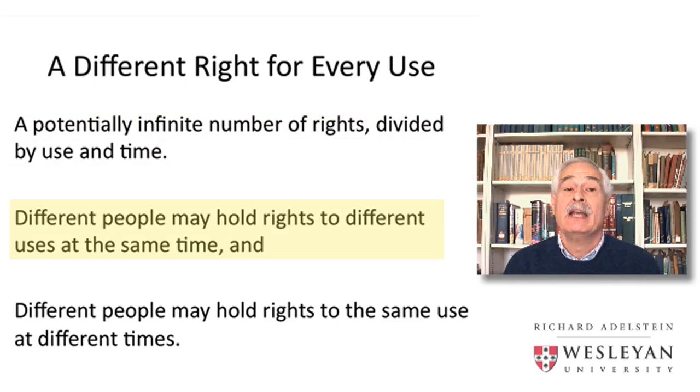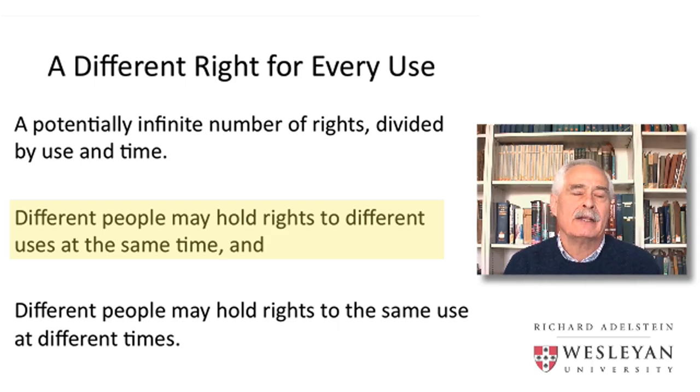And we've seen that different people may hold the same right, different people may hold rights to different uses at the same time. That was what we saw with our 5 property holders. They all held rights to use the room in a different way, but they all held those rights at the same time during the current academic year while Simone is living in the room.